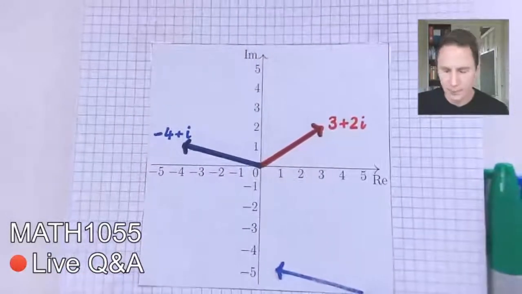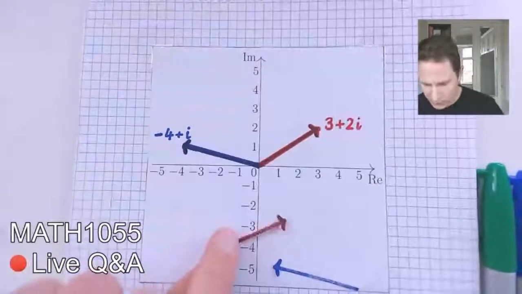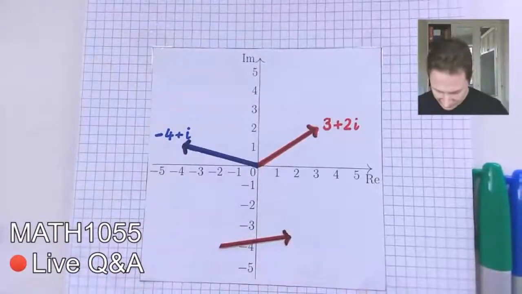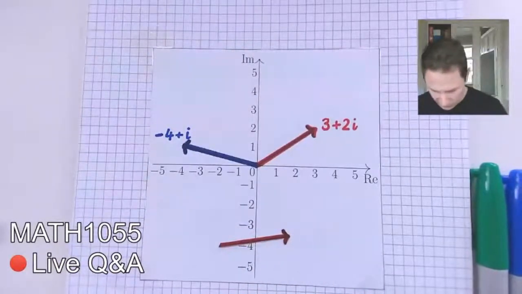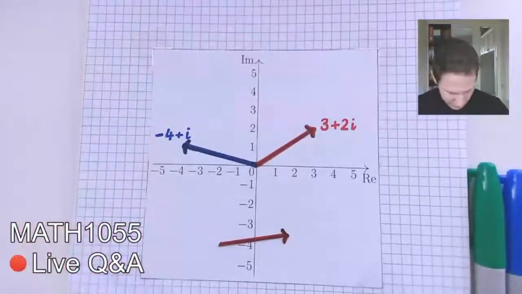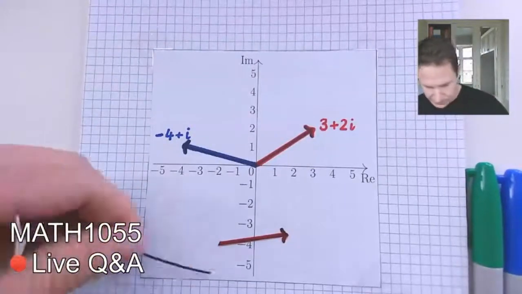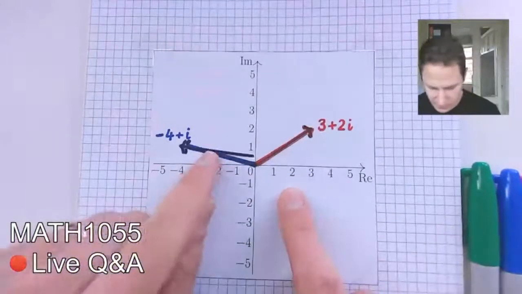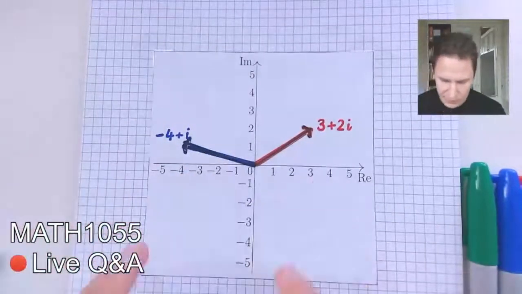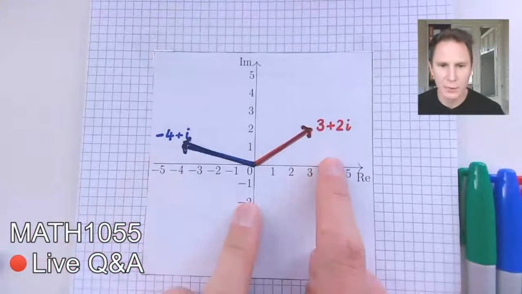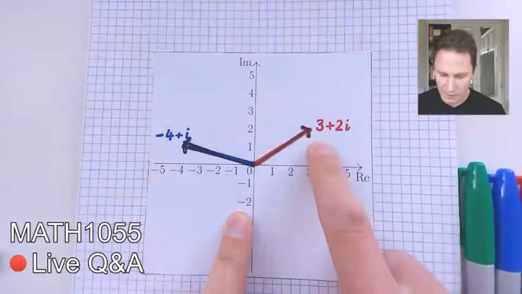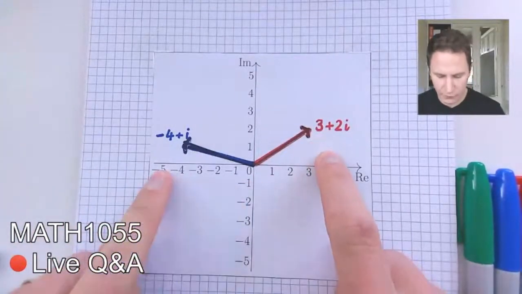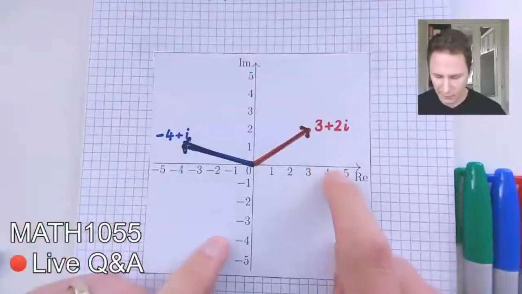So to add complex numbers, what you would do is just simply add these vectors as you would know already. So let me just put these numbers there, the arrows pointing to the numbers. So we have 3 plus 2i, and we have -4 plus i as the two numbers.